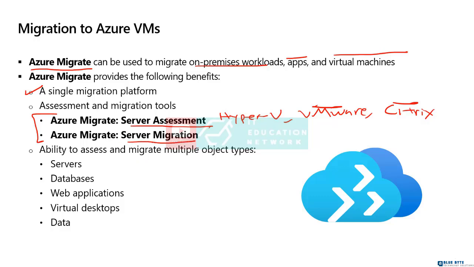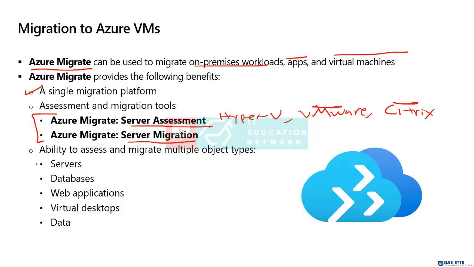The other component is the server migration, which actually migrates from my on-premise server up to Azure, and now your workloads, apps, VMs, they all run in Azure, and you could decommission, completely remove those from your on-premise environment.